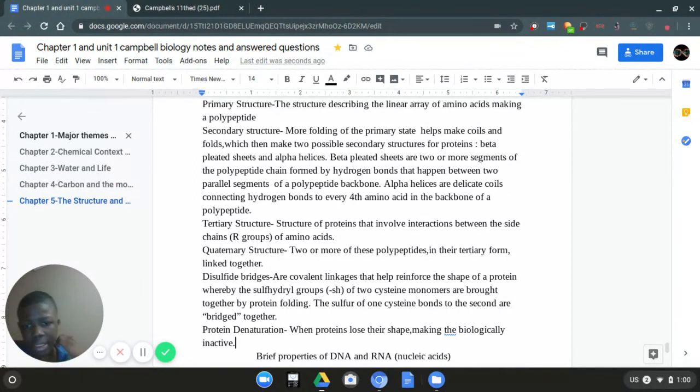Now, protein denaturation is basically when proteins lose their shape, which makes them biologically inactive. If you read the chapter, protein shapes literally govern the protein's structure and function, like form and function. There are so many combinations for proteins and amino acids, and their precise combinations, shape and folding really govern their function.